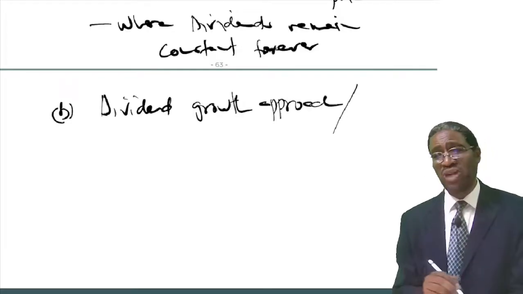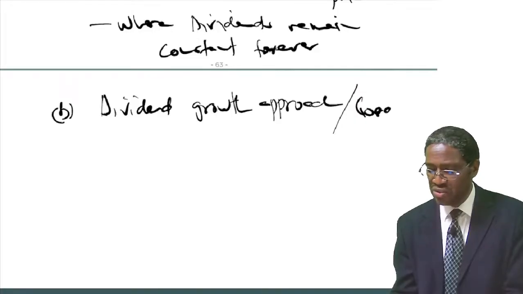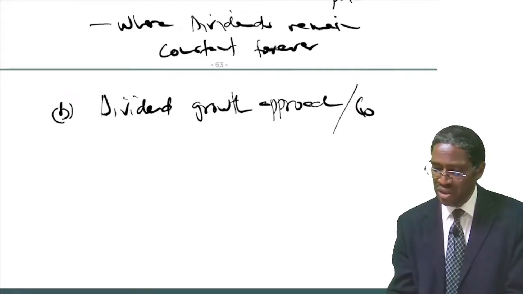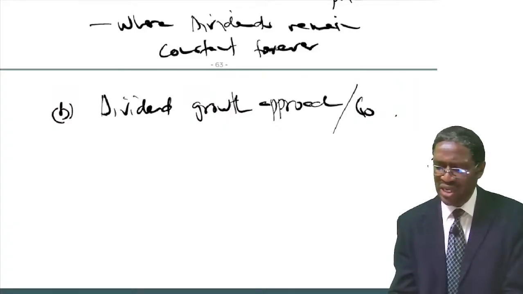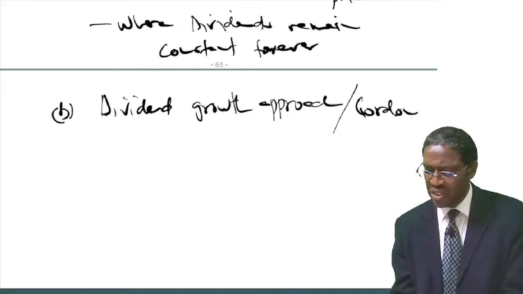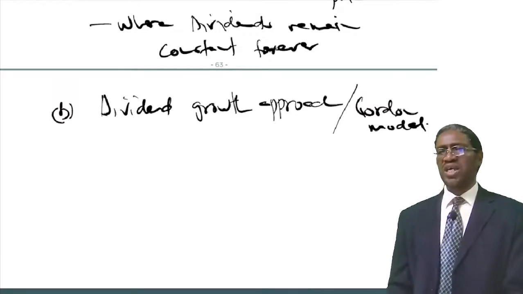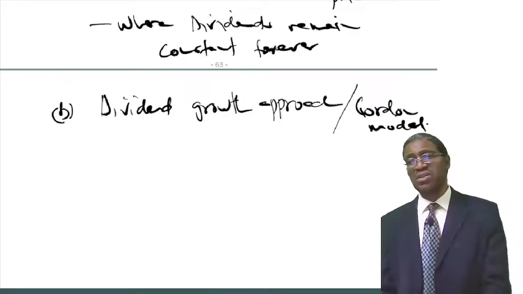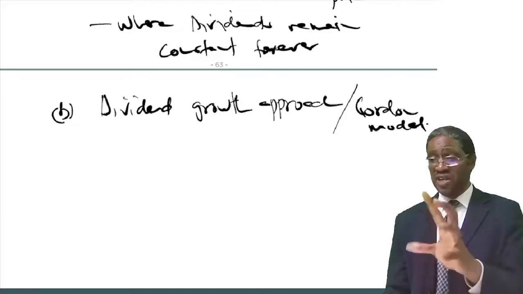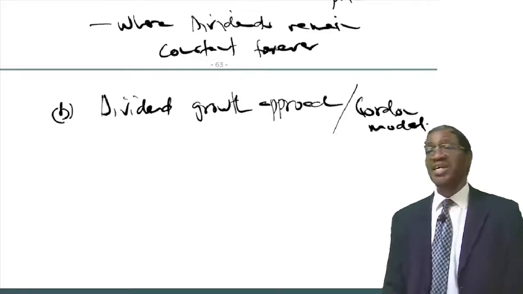It is also normally referred to in finance as Gordon's model. We have not discussed Gordon's model yet. We shall discuss it later in another topic called dividend policy, where we shall be talking about Gordon's model in detail.